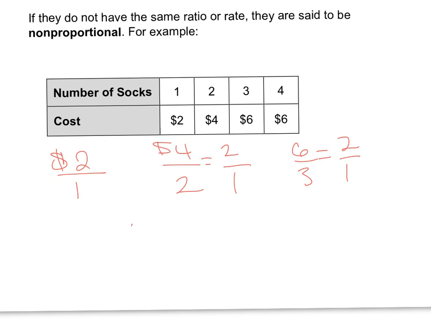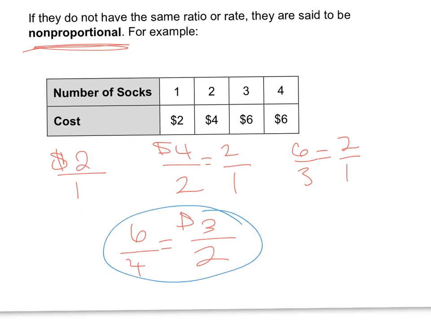And finally, 6 to 4 simplifies down to $3 to 2. So it doesn't simplify all the way like the other three answers that are 2 to 1. This is the reason why it is non-proportional, because it just takes one to be inconsistent.